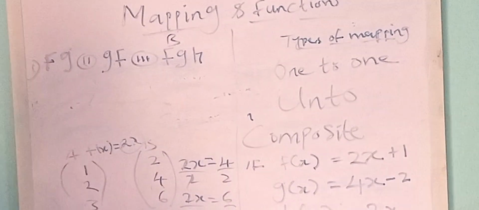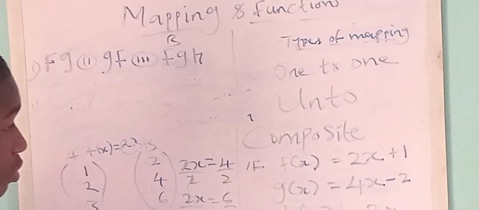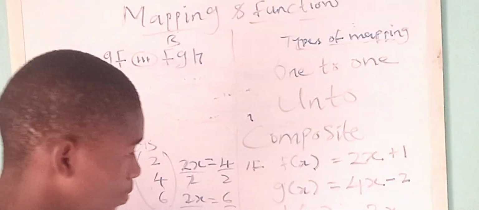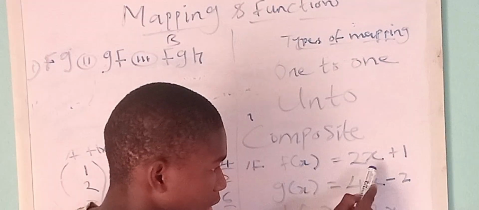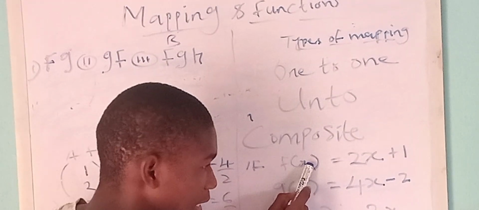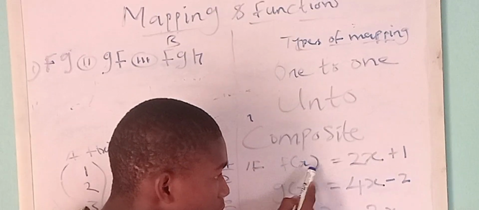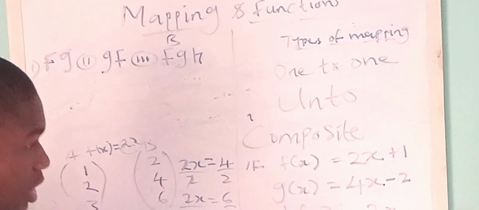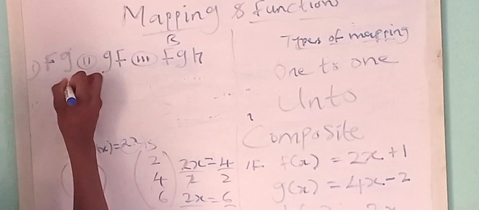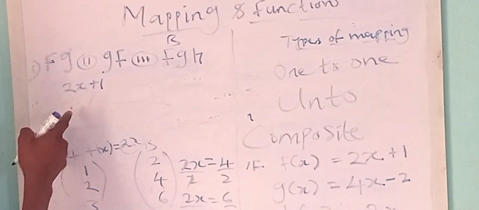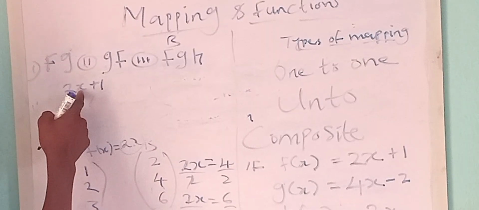So firstly, they say we should find f of g. And what we normally do in function is, let me explain something to you before I continue. If you look at this x that is here, it is this man that is carrying it. So if g is supposed to be replaced here, it means the value of g should replace the value of x. That is what this mapping is simply talking about. So in this aspect of f, which is 2x plus 1, if I'm looking for my f of g, I'm going to be using the value of g in this place of x.